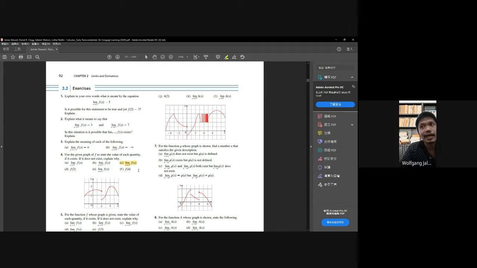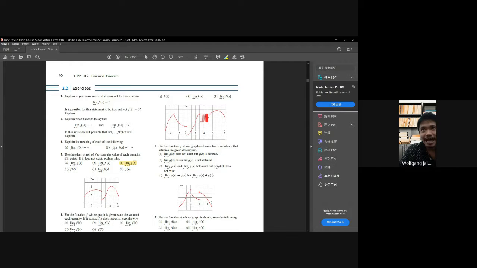Yeah. So in order for the limit to exist, the left side and the right side must be equal. And here we see that from the left, the answer is 3, but from the right side, the answer is 1. So it doesn't match.